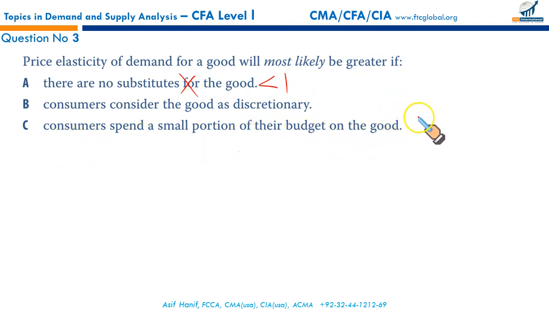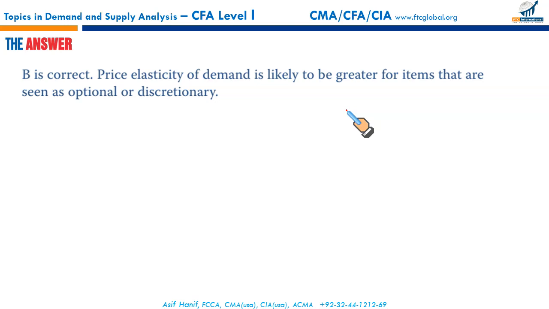In this case, price elasticity of demand would be less than 1 because the spending is a very small fraction of your total budget. Then what about B? Consumers consider the good as discretionary, so you can just kick that good away if you don't want it. Since it's discretionary, avoidable, the price elasticity of demand would be greater than 1. So that makes B our correct option.